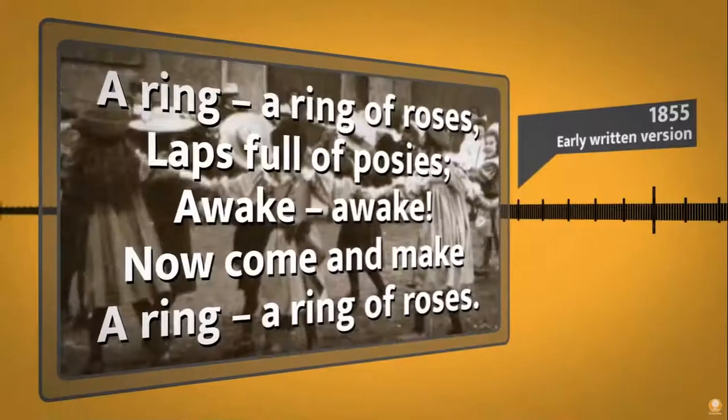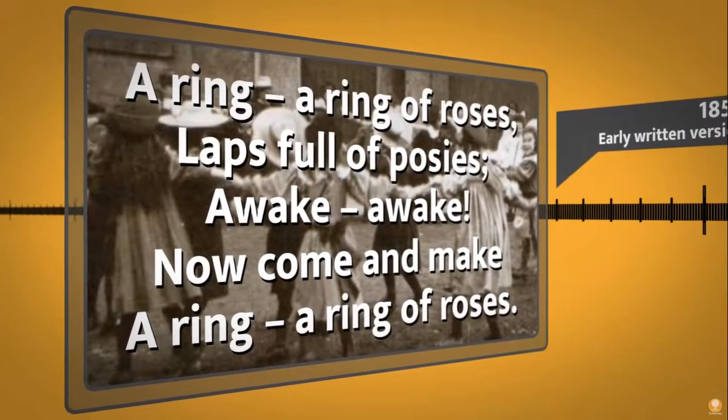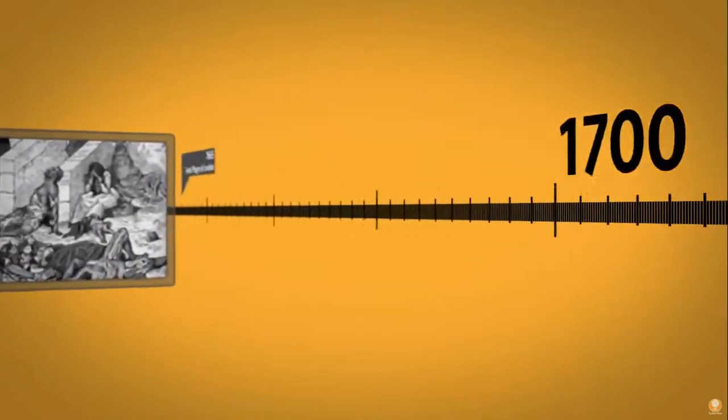Okay, yeah, sure, but the plague did cause ring rashes, and plague doctors did use flowers to ward away the disease. Ring around the rosy, pocket full of posies. Come on, that's true, but look at it this way. If the song really does date back to the plague of London in 1665, then you would think that someone would have written it down before the 1800s.